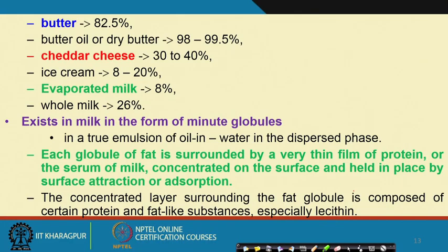So, this lecithin that we said at the end is one mediator between fat and water, or oil and water.